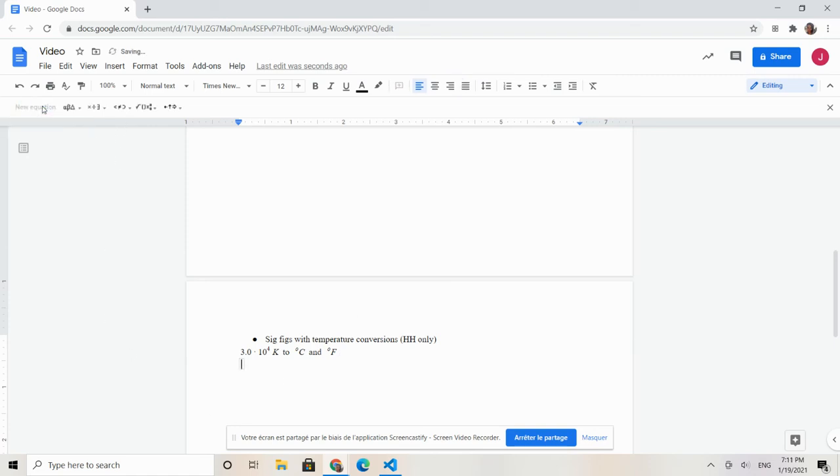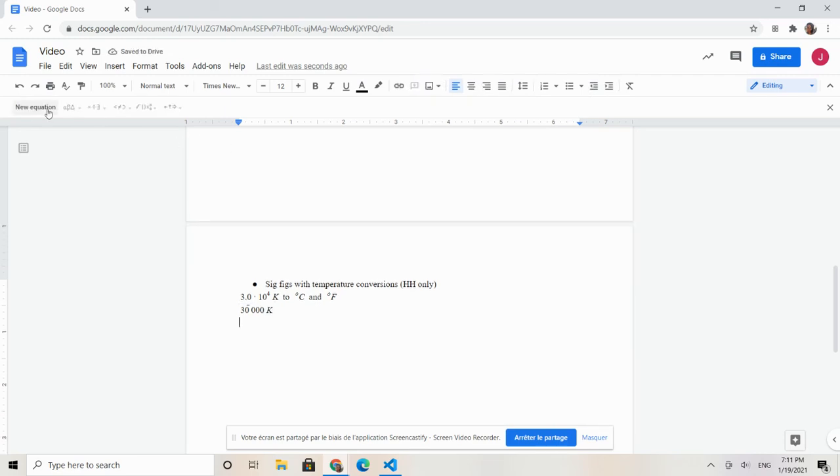First thing I'm going to do is take it out of scientific notation. So I've got 30,000 Kelvin, and I'm going to now be converting that to degrees Celsius.